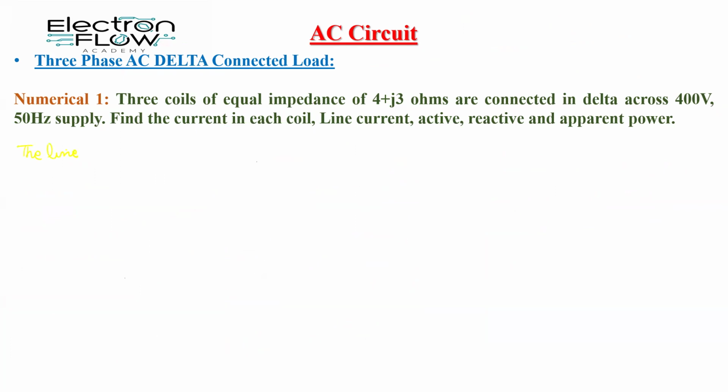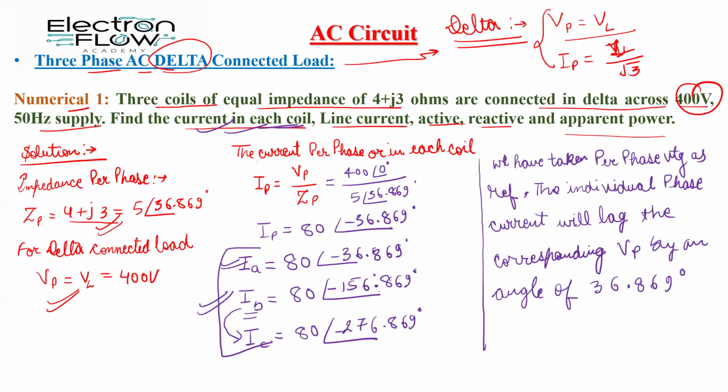Basically, the line current in delta is equal to root 3 times the phase current, so it is root 3 into IP. We have calculated the magnitude of the phase current, which is 80.